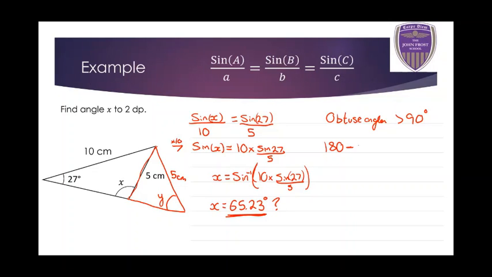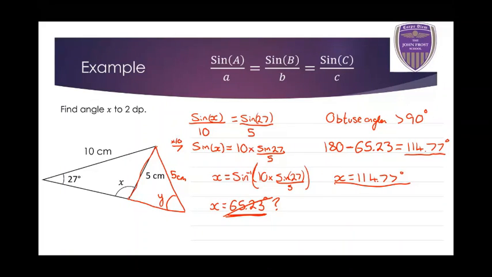So we need to do 180 take away 65.23 degrees. If you solve that in your calculator, you should get 114.77 degrees. So actually x equals 114.77 degrees.